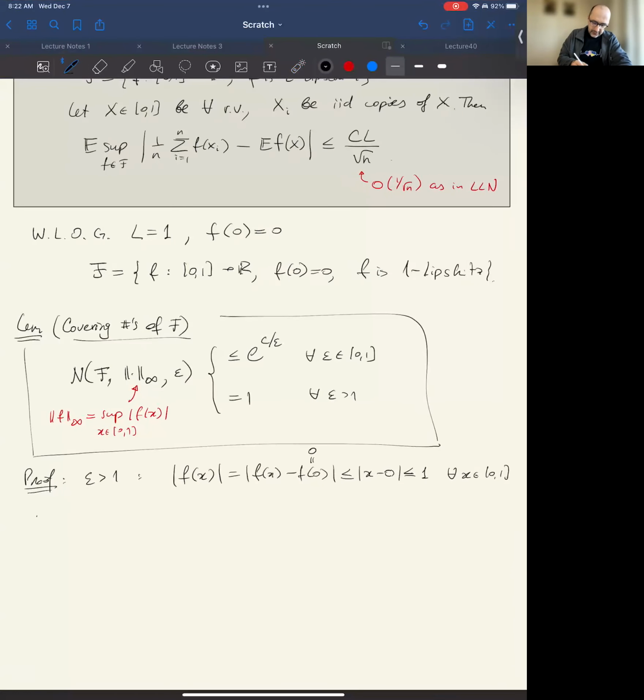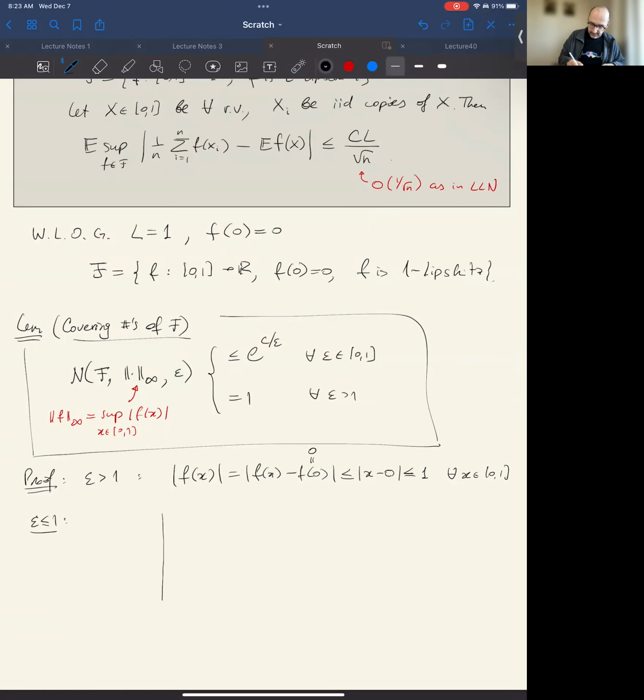Okay, in the non-trivial range, things are a little bit more interesting. Epsilon is less than 1. So here's the geometry. Our job is to find an epsilon net, a finite subset of functions that approximate nicely any Lipschitz function. Here's how we do this.